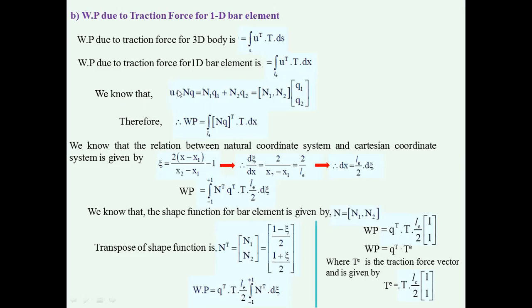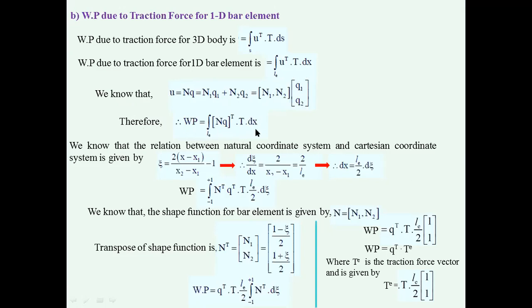Again, we know that the field variable u is nothing but N into q, which equals N1 q1 plus N2 q2. This I will write in matrix form N1 comma N2 into q1 q2. Substitute the value of u, which equals N into q, into the work potential equation. Therefore, the work potential equals the line integral, where u is N into q, so (N q) transpose T into dx.